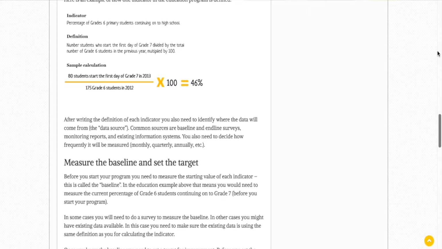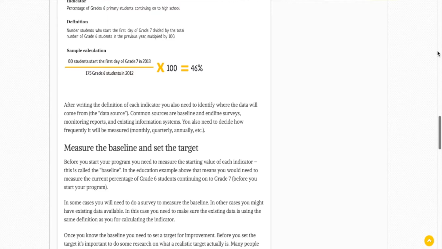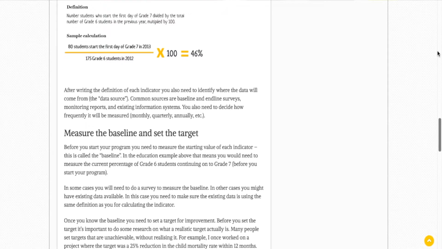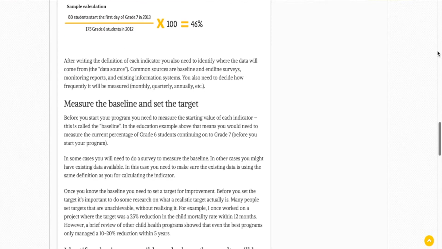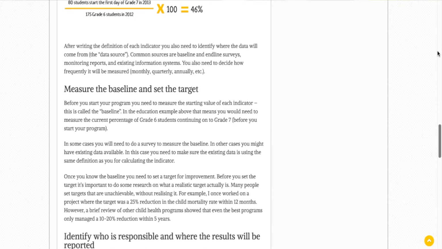After writing this definition, besides each indicator, one needs to identify how the data will be acquired. So the data source has to be mentioned, because for a project, if there is no proper data source, then the indicators don't have any value.